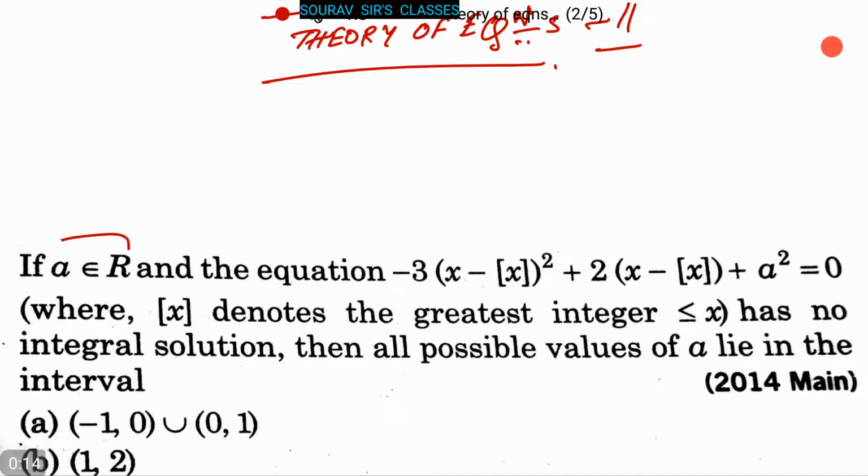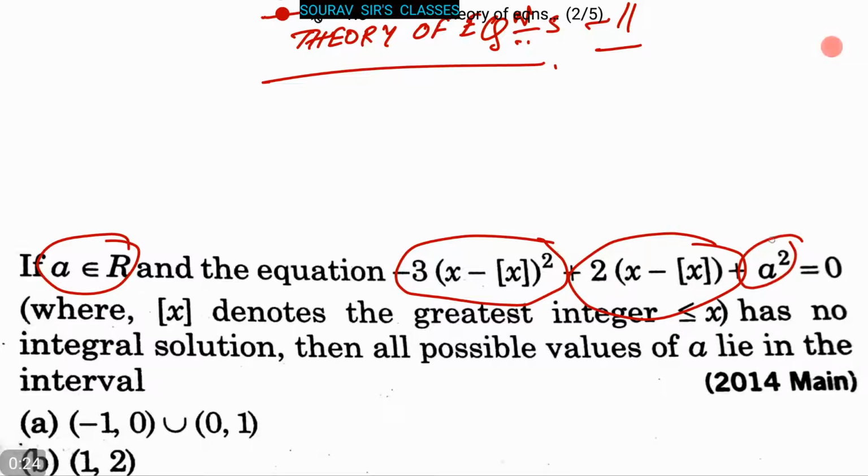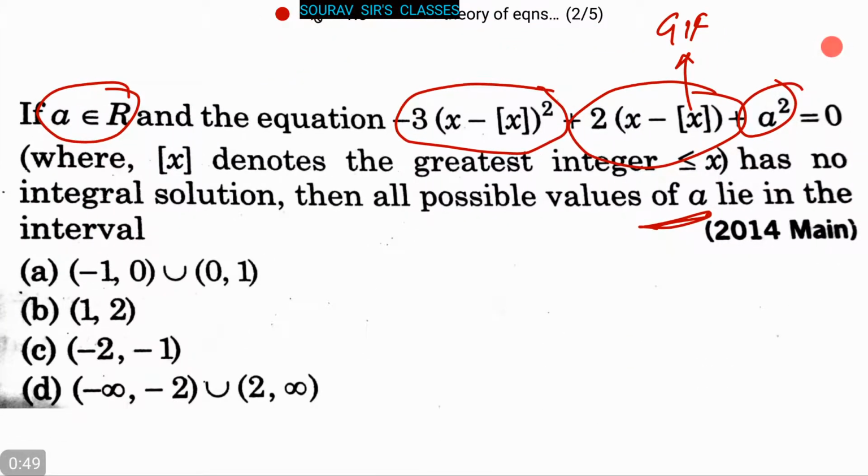If a belongs to the set of real numbers and the equation minus 3 times (x minus [x]) squared plus 2 times (x minus [x]) plus a squared is equal to 0, where [x] denotes the greatest integer less than or equal to x, basically the greatest integer function, has no integral solution, then all possible values of a lie in which interval.